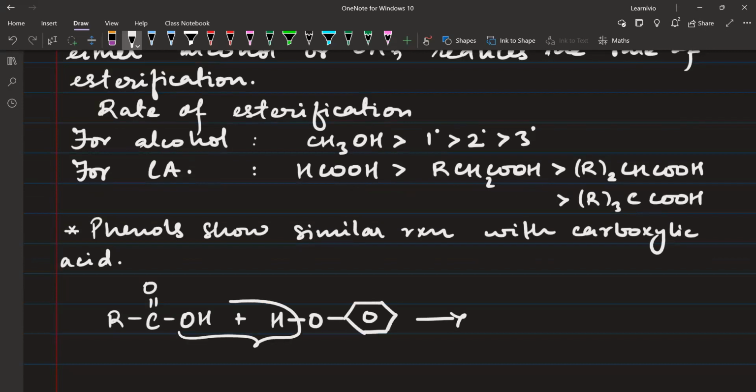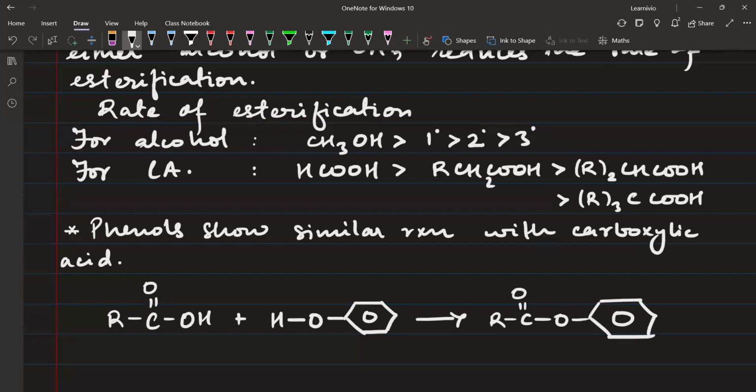This OH and this H will come out as water, and we will have R, C double bond O, oxygen, and phenyl. The phenyl will act as a group, and this part will be the alkanoate.